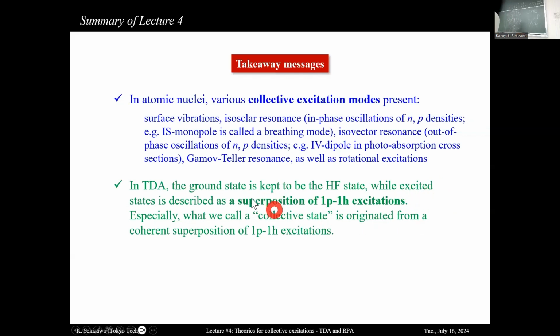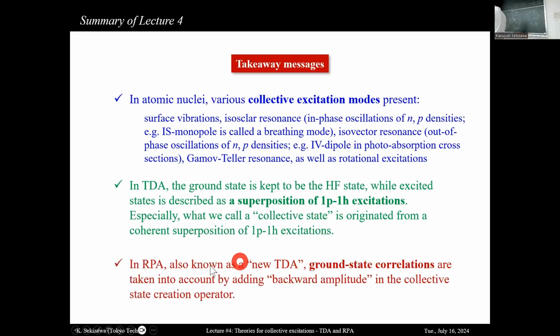We could find the collective state with higher or lower energy, depending on the sign of the interaction, as a coherent superposition of one-particle, one-hole excitations. In the case of RPA, also known as the new Tamm-Dancoff approximation, we introduced ground state correlations, so the ground state is not the Hartree-Fock state, but the RPA state, which includes some correlations.